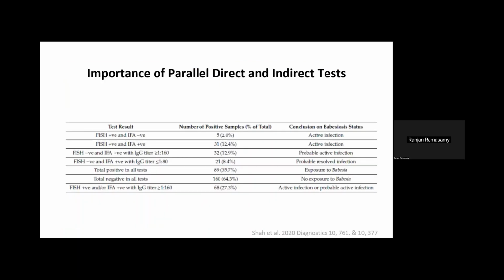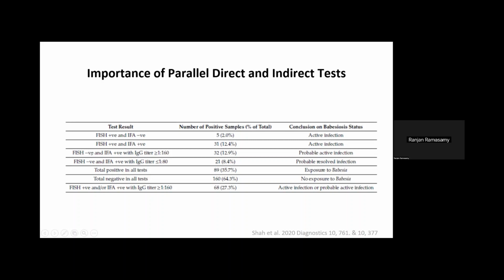For diagnostic purposes, it's often important to do parallel direct and indirect tests. For example, you can have patient samples that are FISH positive and IFA negative, FISH positive and IFA positive, all of which indicate active infection. And this is in 249 patients, suspected patients with babesiosis.